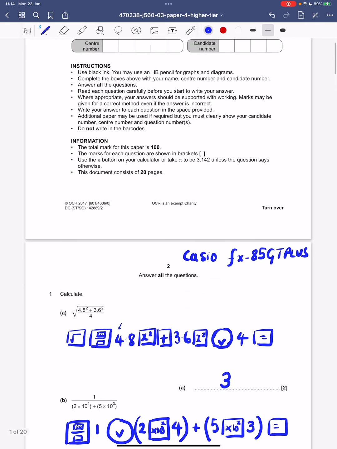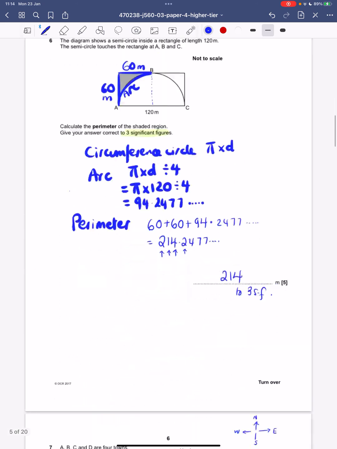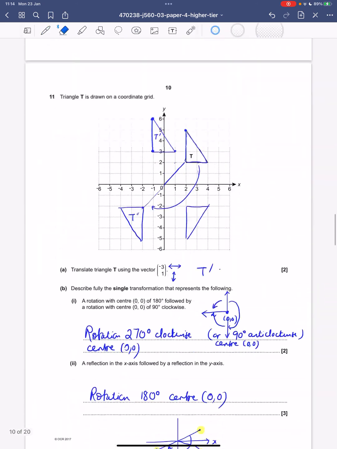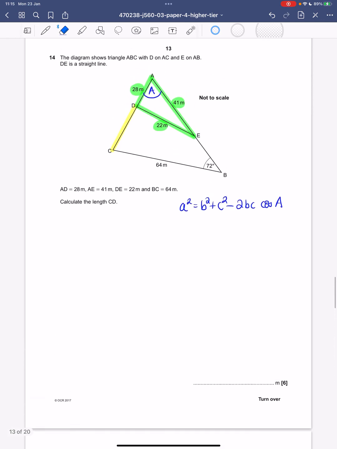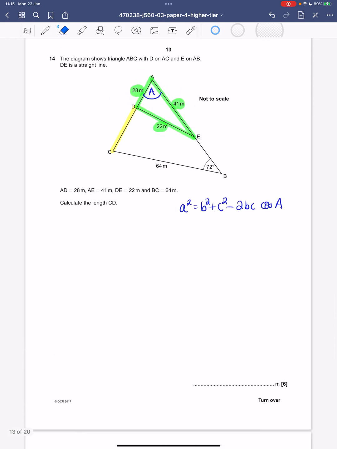No formula sheet. So you've got to memorise that. So we can say if we add 2bc cos A to each side, and we take away a squared from each side, so it comes up there.